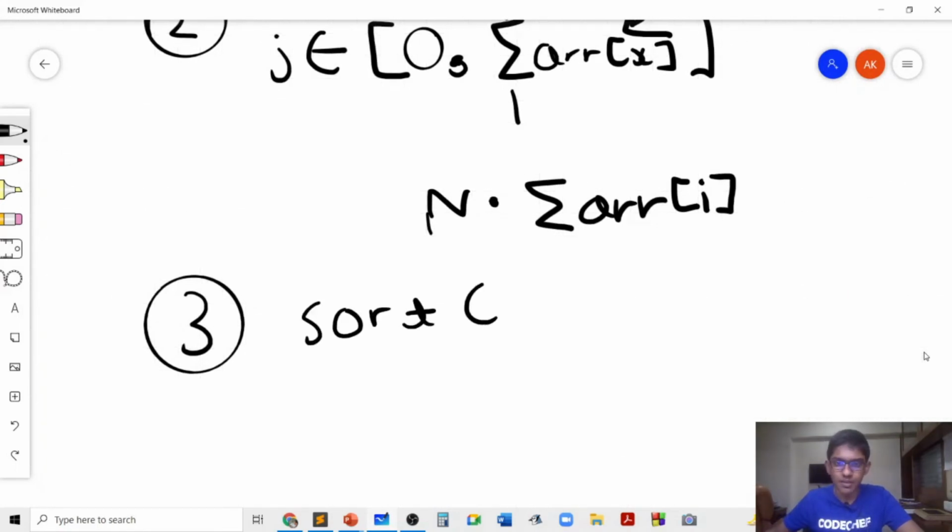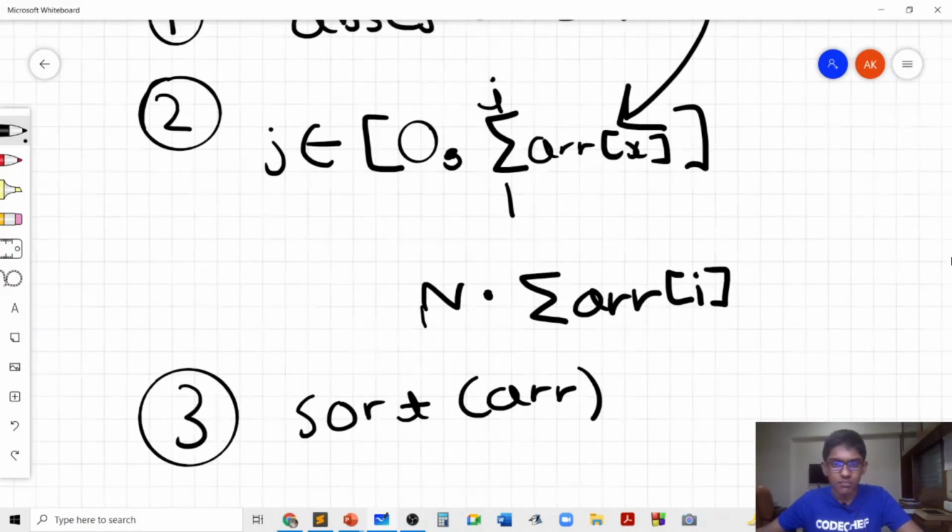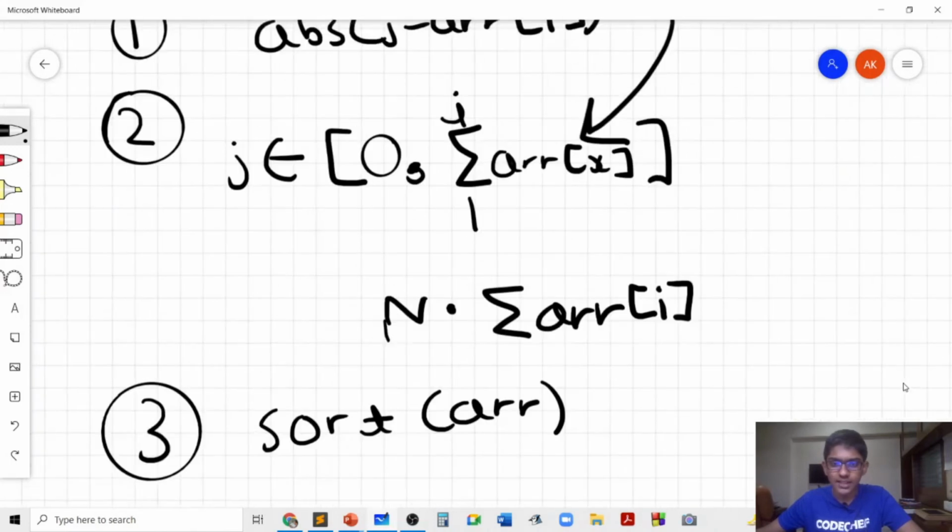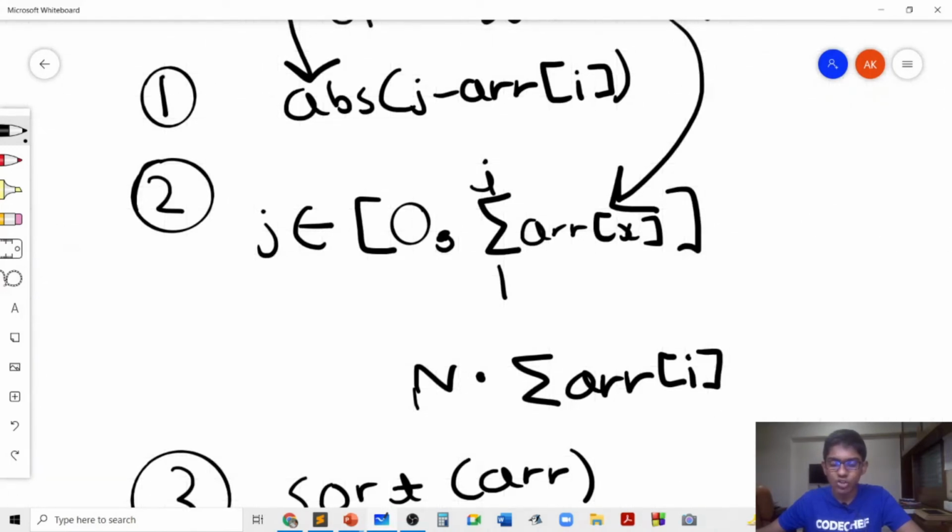by sorting the array. Now, why do I sort the array? That's because let's say that the array is sorted, then you should realize that at each moment the sum of the elements is minimized.